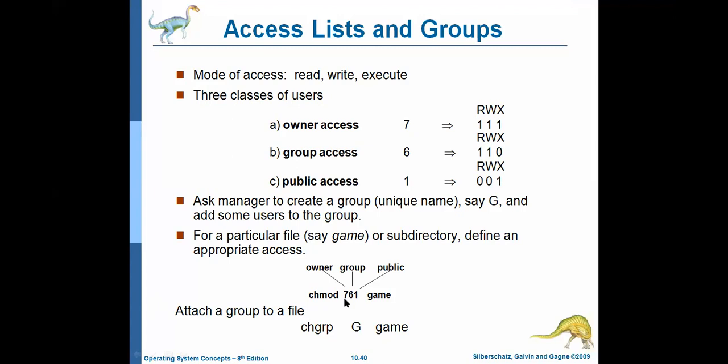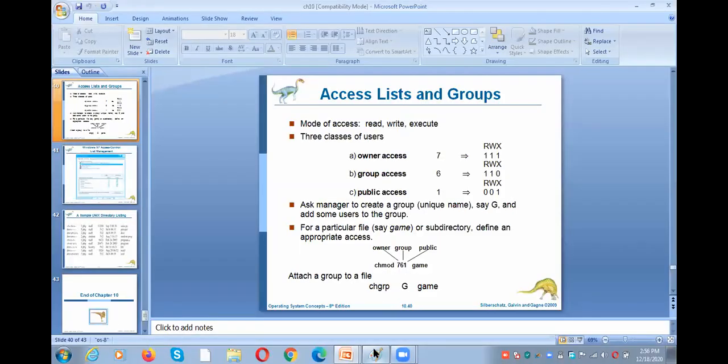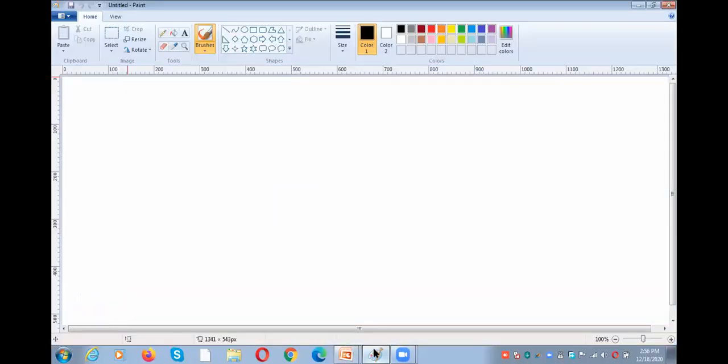You want to give 7. 7 means read, write, execute permission to the owner, read, write permission to the group, and only execute permission for the public. Okay. Now we want to change again. So let me explain the same with another example.